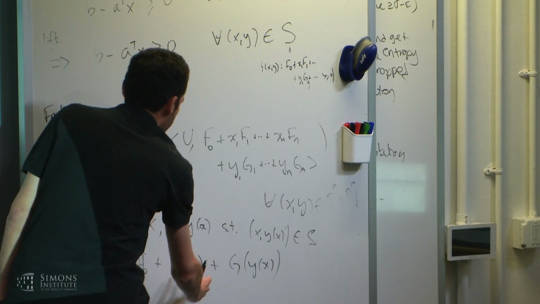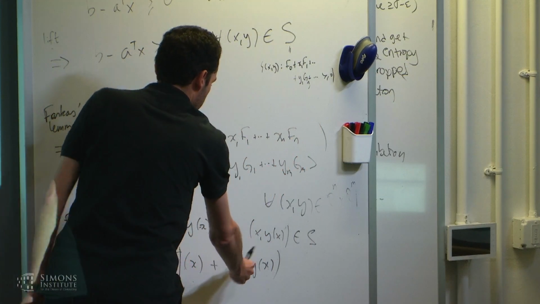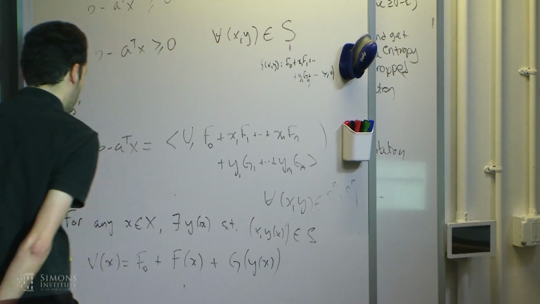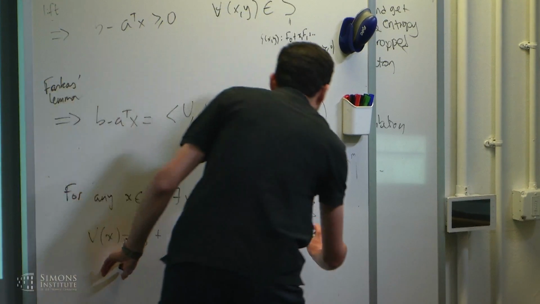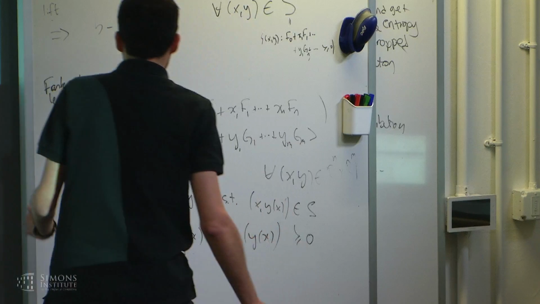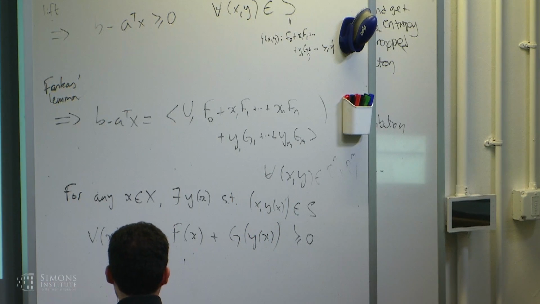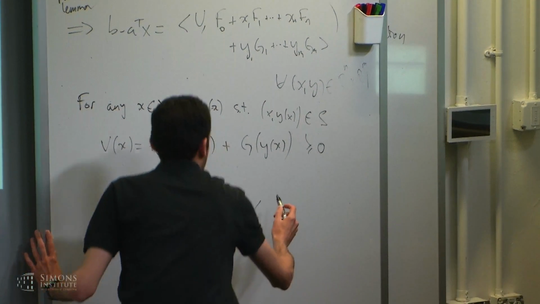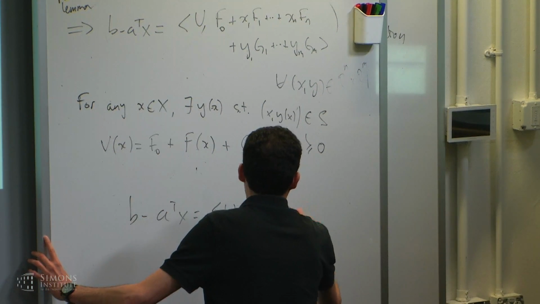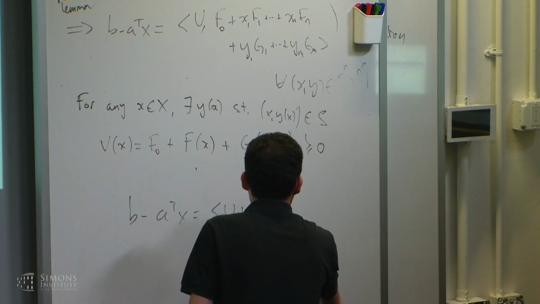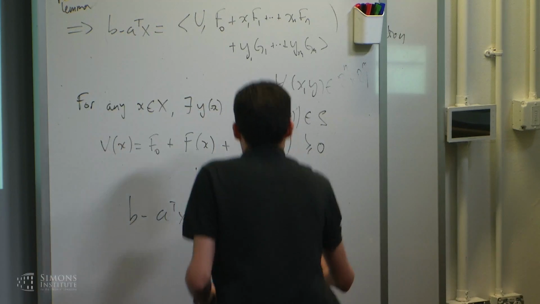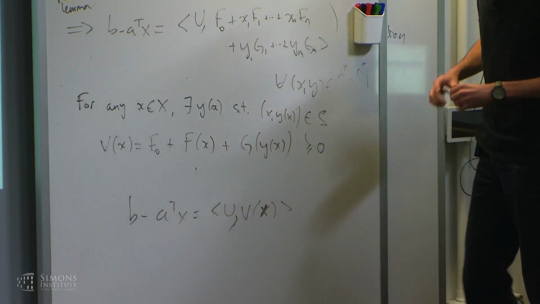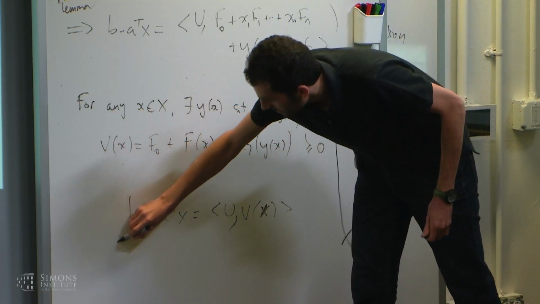So let me just write F0 plus this, where f of x here is just this linear form and g of y is this linear form. Okay, so this is PSD. And what I get is essentially that B minus A transpose X is U comma V of X, where U and V of X are PSD.